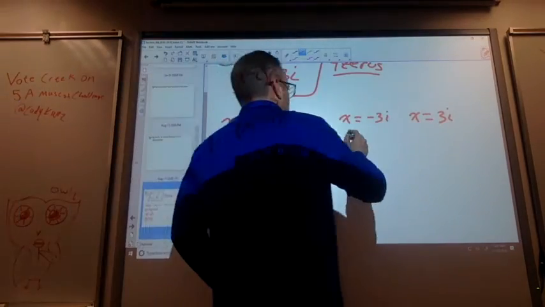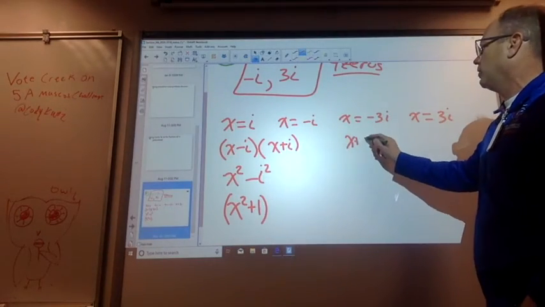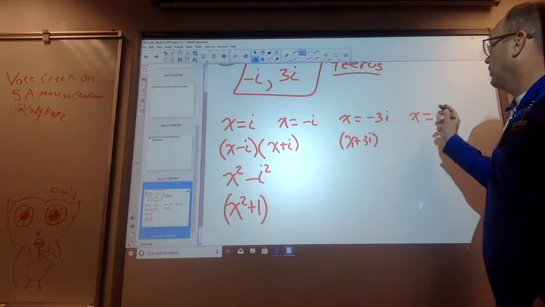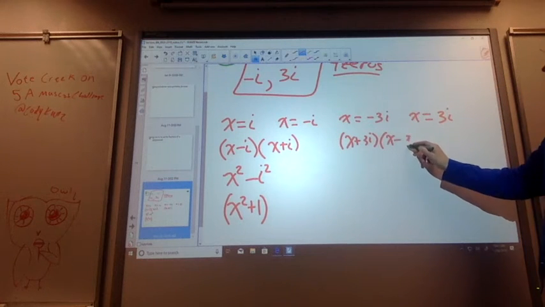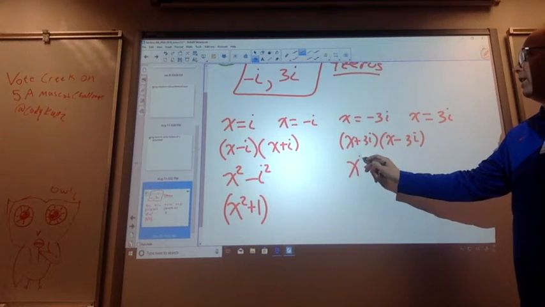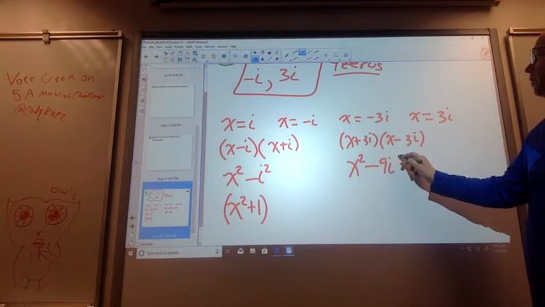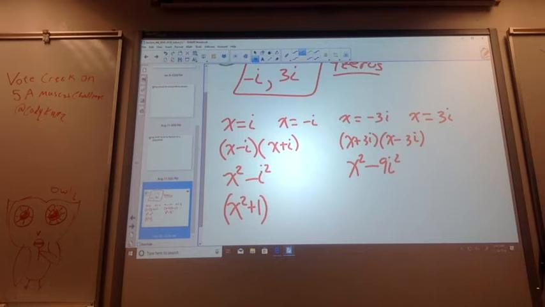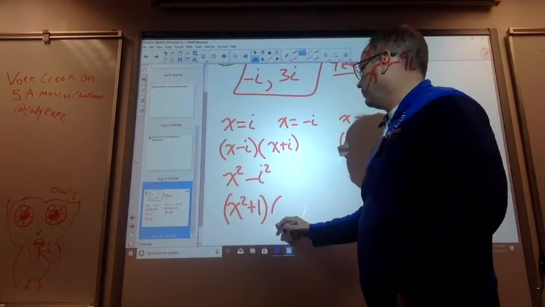And then I'm going to do the same thing here. This is going to give me x plus 3i. And this is going to give me x minus 3i. Agree? If I FOIL this out, the middle terms drop out, so I get x squared minus 9i squared. What is i squared? So x squared plus 9.